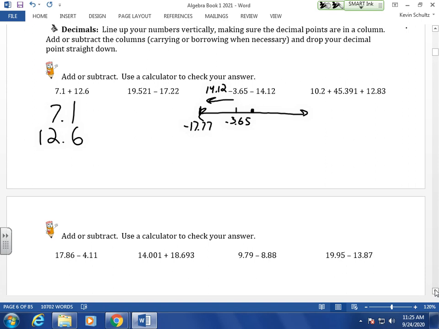Isn't that kind of similar to starting at positive 3.65, which is the same distance away from 0 as negative 3.65, and then adding 14.12, going 14.12 to the right? Because what number are we going to end at if we take positive 3.65 and add 14.12?